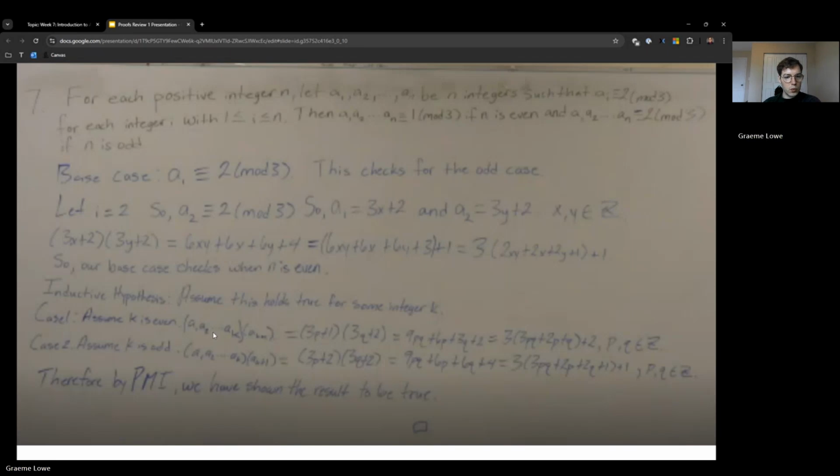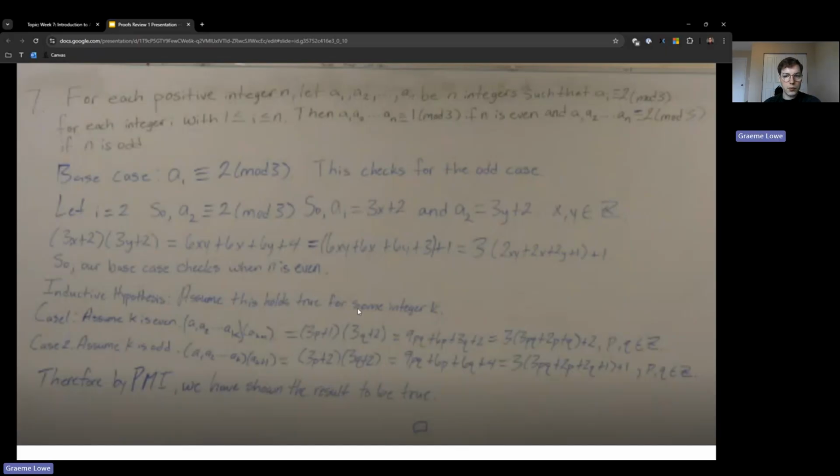So what does this form actually say? A1 multiplied all the way up to ak. Well, this is when k is even. So another way to say this is like our second base case, or the first part of this second sentence. Since it's even, it is congruent to 1 mod 3.